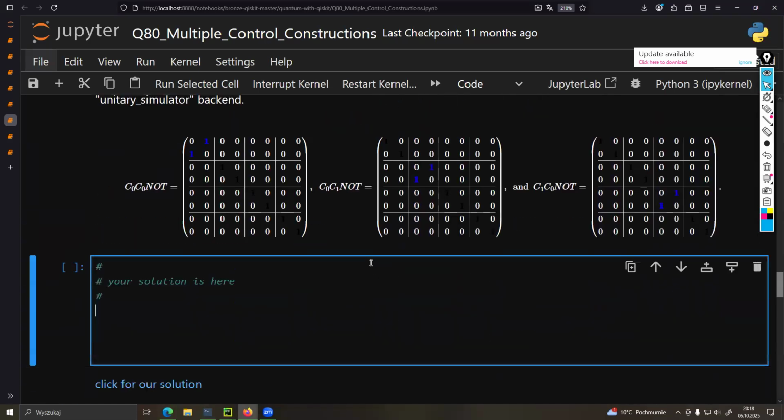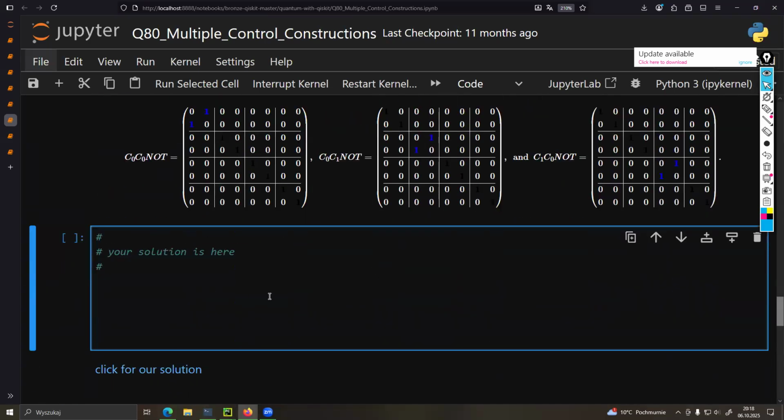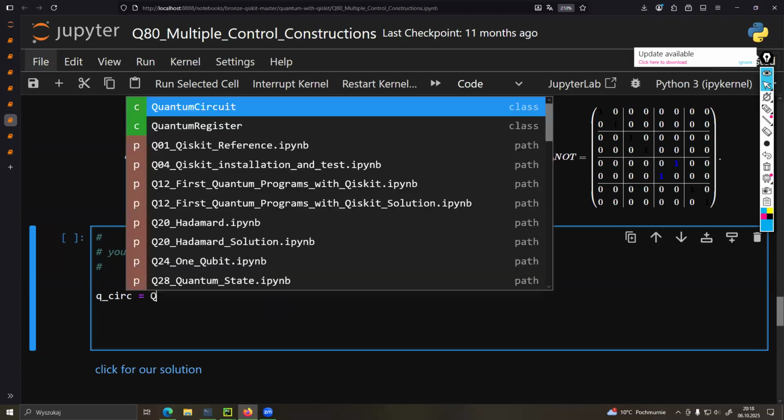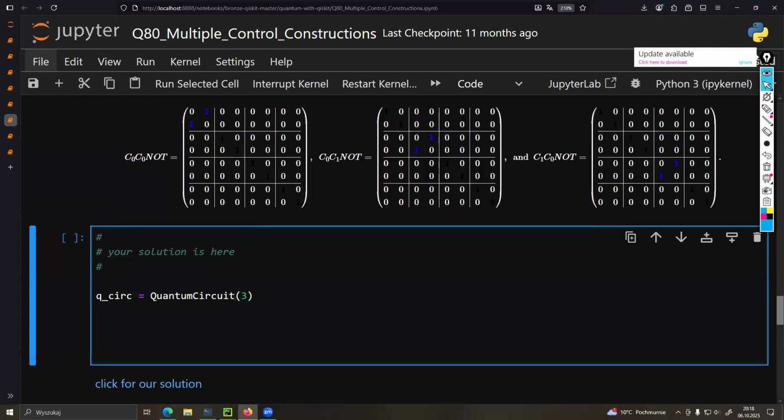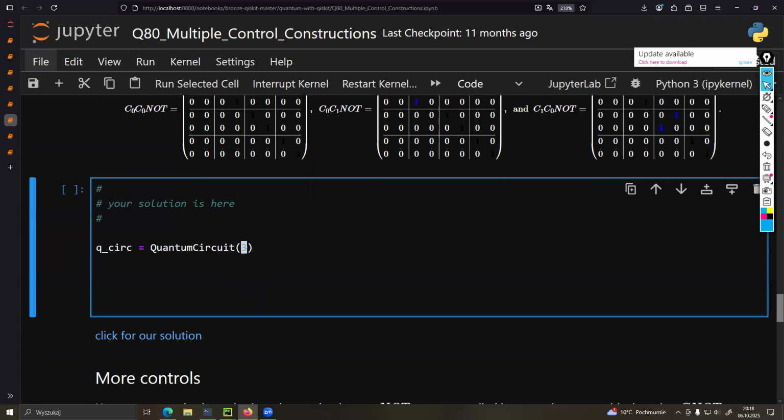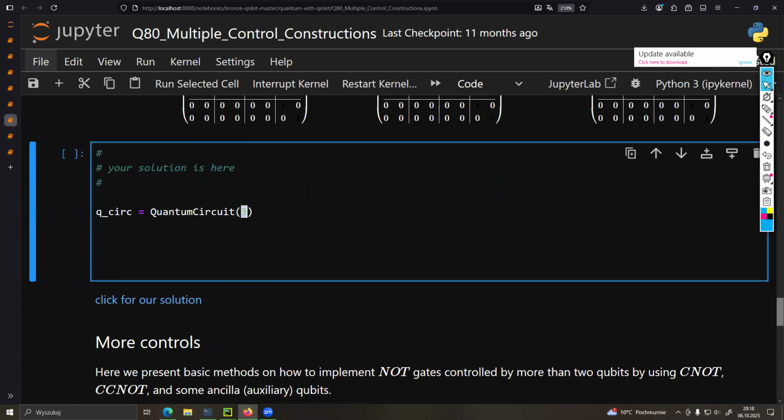We will perform one of them. So for example, here we have Q circuit, quantum circuit. We will use shorter notation for this. So three qubits. 2 of them will be control qubits. 1 of them will be the target, right?